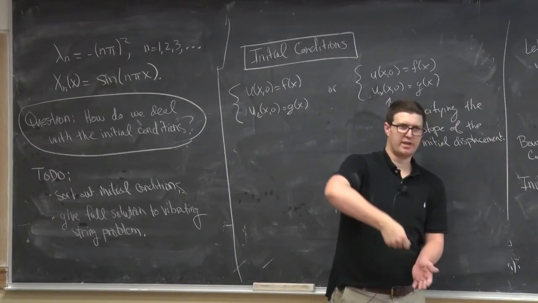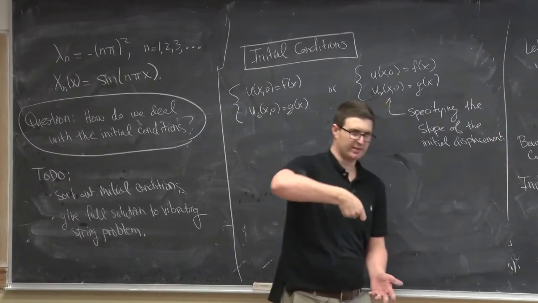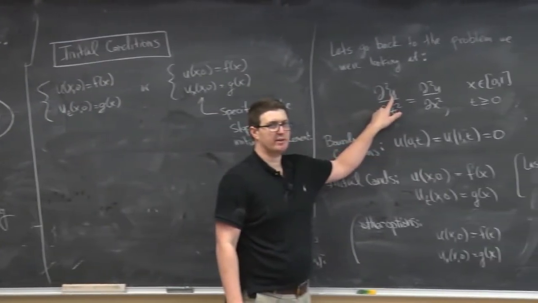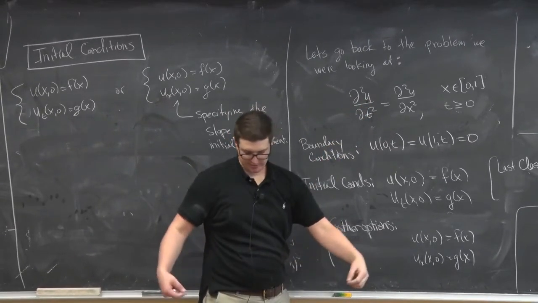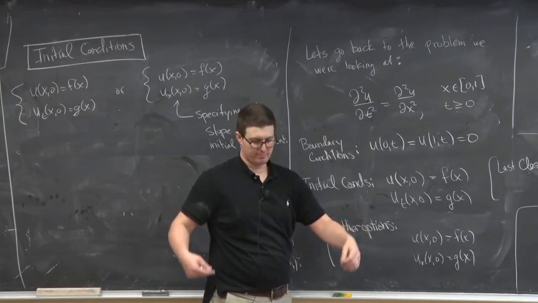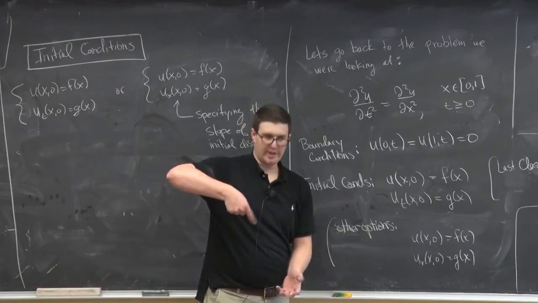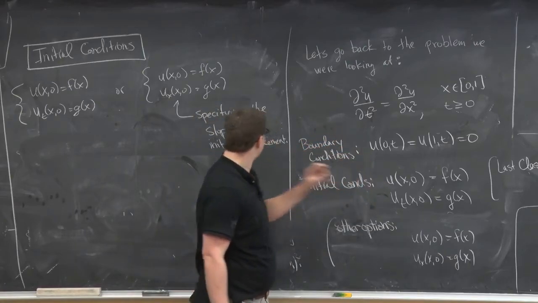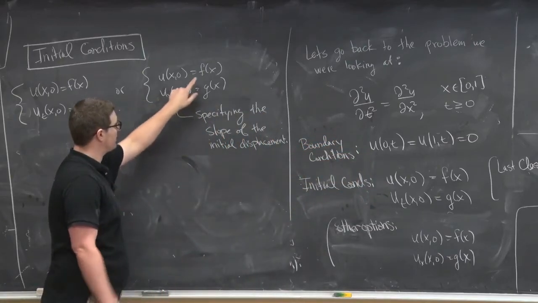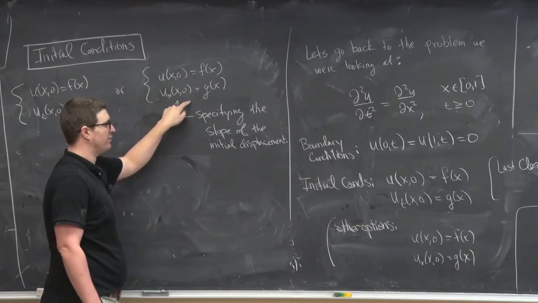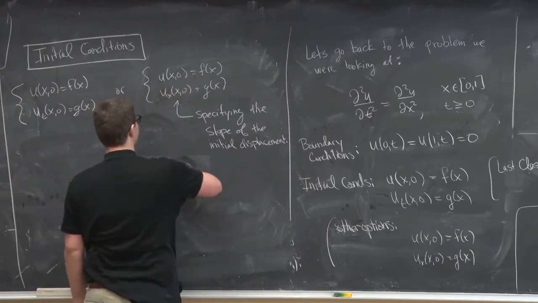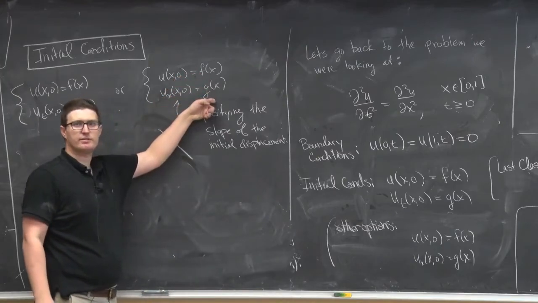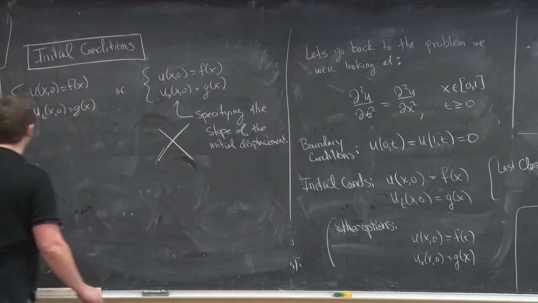What we're doing here is taking our guitar and raising it to a certain height. Maybe we could have called this thing y, as other books call this displacement y. It's the displacement from the axis, and then you let it go. So this one is specifying the displacement, and this one is specifying the slope. This one's really no good, because really, this should be determined from this.